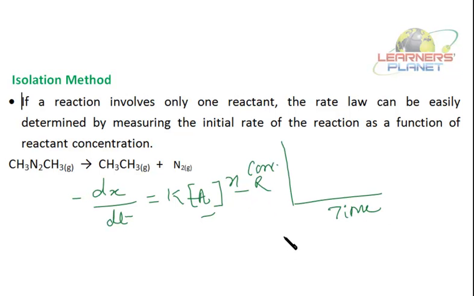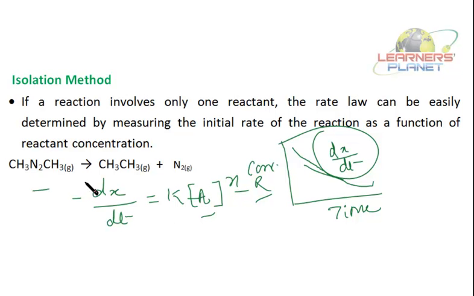Now if it's the reactant concentration, it goes on decreasing, and with time you'll get a graph like this. Now a tangent is dropped over it and the instantaneous rate is determined. Now this rate as a function of the concentration is determined to find out the order of the reaction.